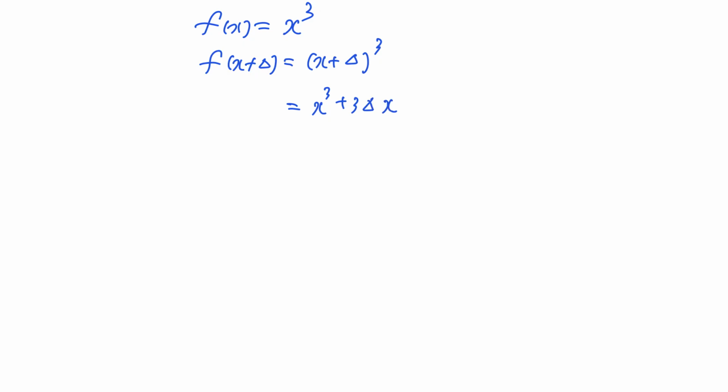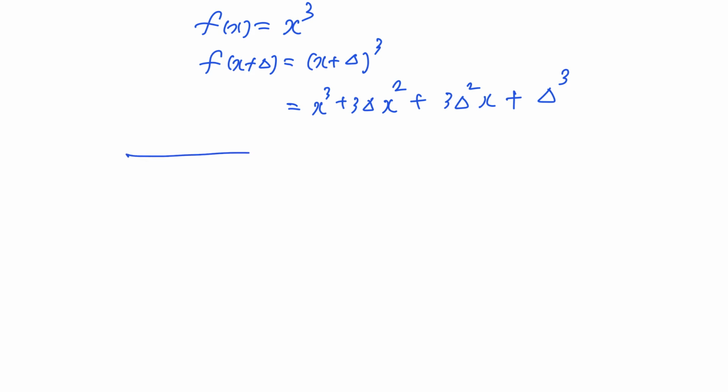I mean just summarize which you already know. When f(x) is x to the cube, you can use the same procedure. f(x plus delta) is (x plus delta) to the cube, x cube plus 3 delta x squared plus 3 delta squared x plus delta cube, right?